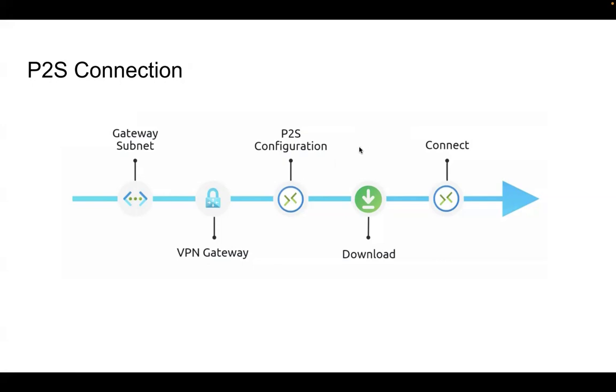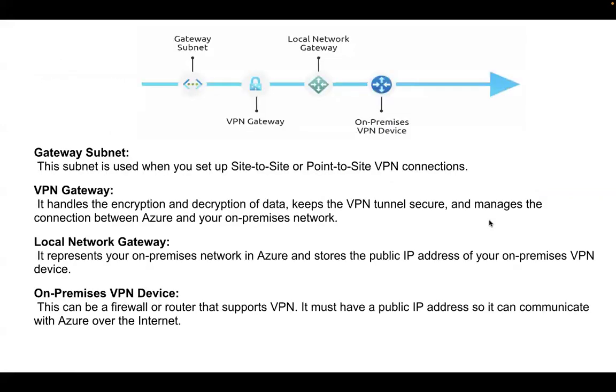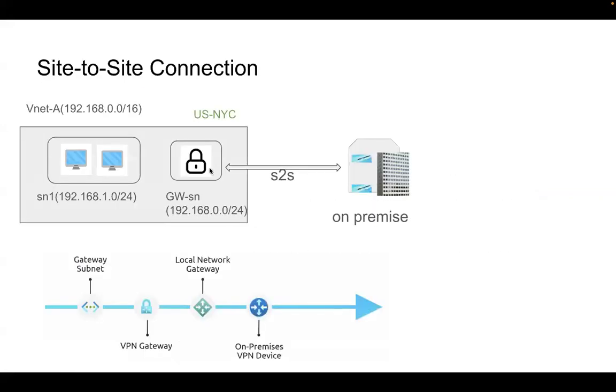Then it will give you an option to download a small piece of software that needs to be installed on the remote machine of the user who is working from home or traveling. Once we install this software, it will ask for the VPN endpoint details. Then we select the VPN endpoint details and connect. Then you will be able to connect to this gateway subnet and access all the office resources.